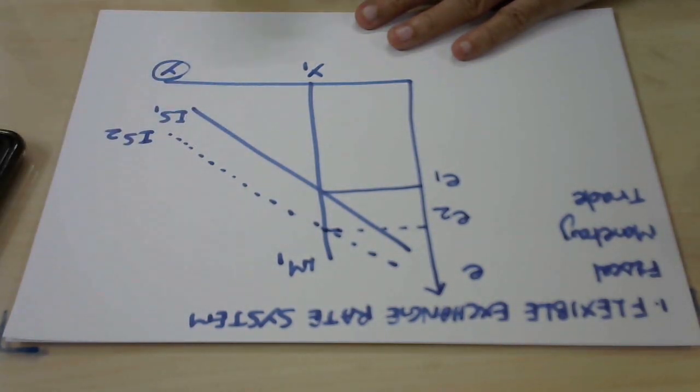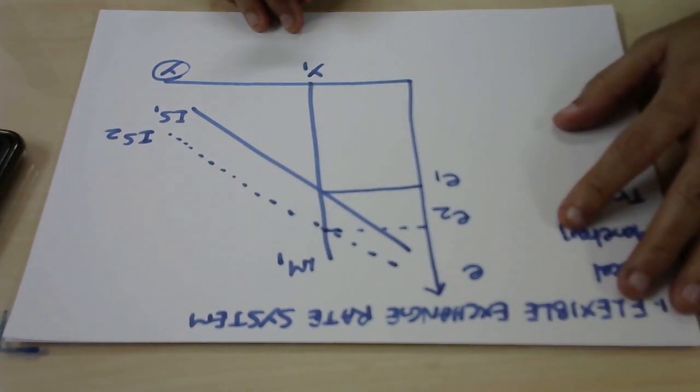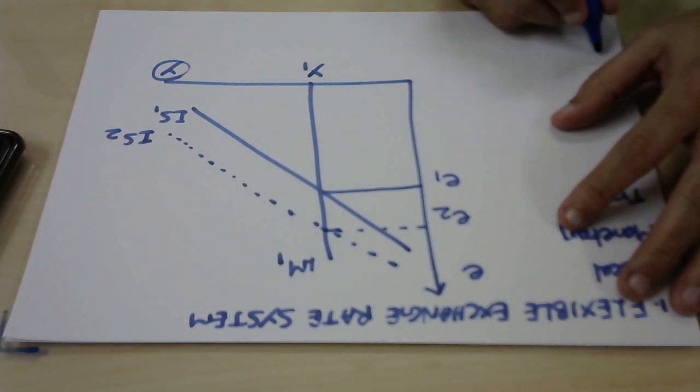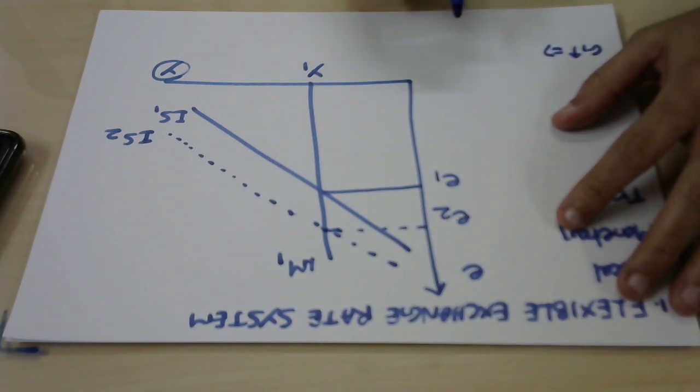The intuition is when government spending increases, output will have a tendency to increase, which increases the demand for money in the economy.